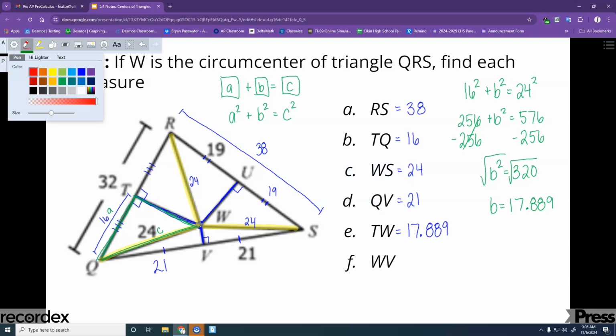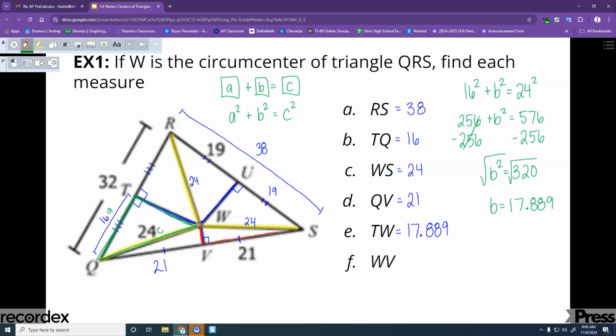I haven't used red yet. This right here, what shape have we got? That is a right triangle. With a right triangle, we can do a squared plus b squared equals c squared, right? So we can let that be our a, this be our b, this be our c. 24 has to be your c because it's across from your longest side.